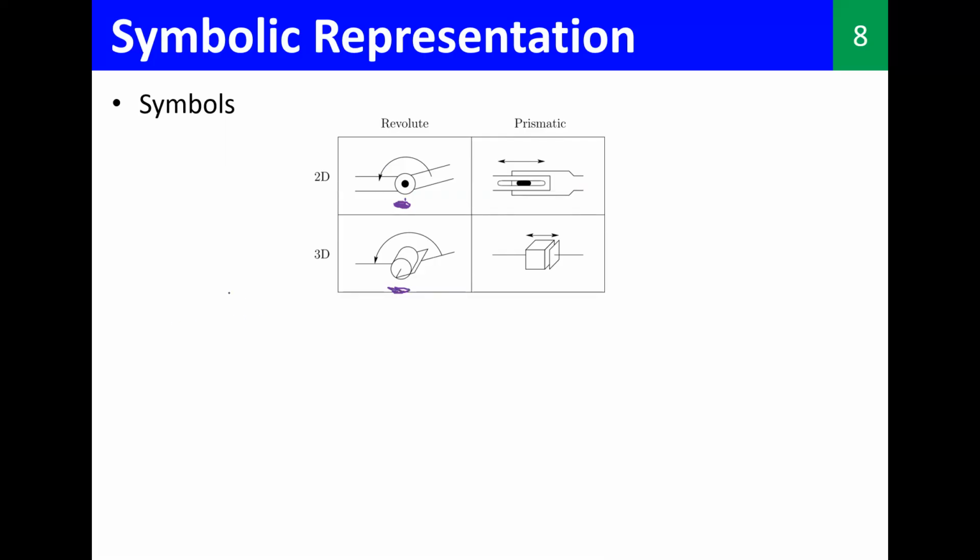You can use this kind of symbol to show a 3D revolute joint. And here you can see a symbolic representation for a prismatic joint in 2D. You can see what we are achieving is a linear motion between the two links, right? And again, in 3D, we can use something like this, right?